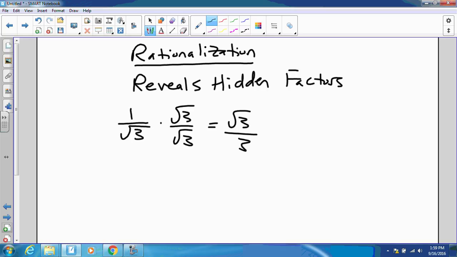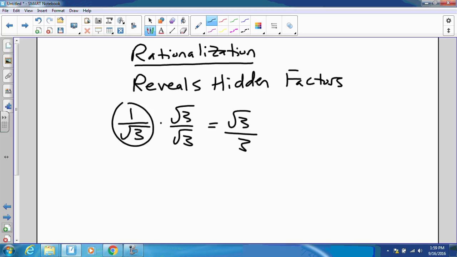Imagine a world before calculators. I call that BC, before calculators. And before calculators, we had to do computations by hand. And imagine that you have this expression, 1 divided by root 3.